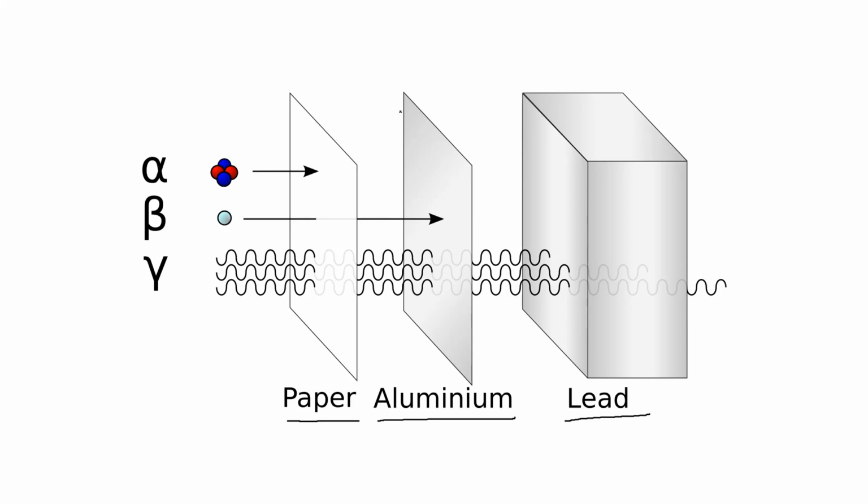So if some of you have gone to get x-rays before, you're getting an x-ray, and the doctor will stand on the other side of some sort of protective barrier. That barrier is probably made of lead. And so as the x-ray, which again is small amounts of gamma radiation, takes a quick snapshot, it passes through your body.